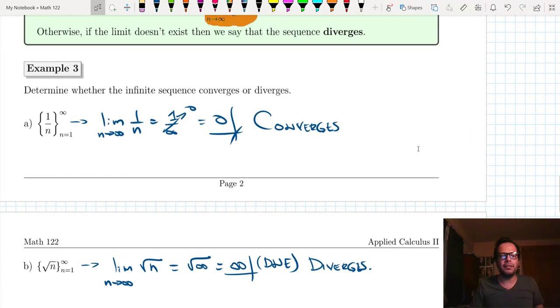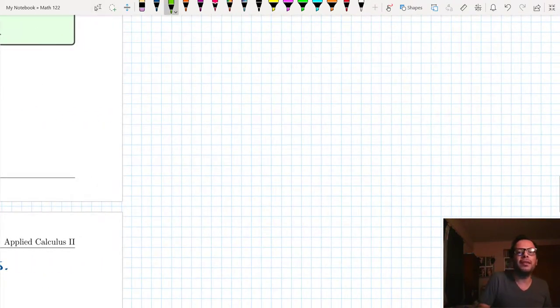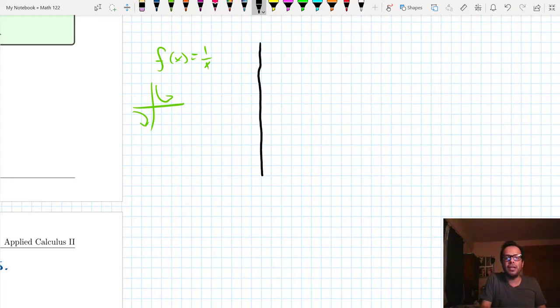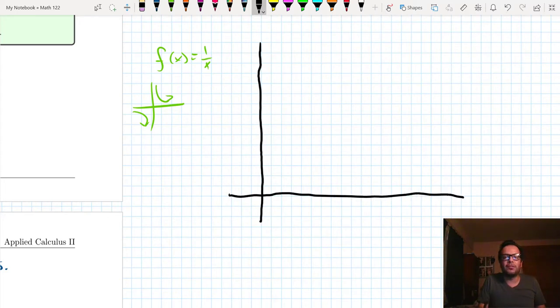Let's look at the first example, 1 over n. Let's relate this to the corresponding function f of x equals 1 over x, whose graph looks like this. But in this case, we are going to refer to the sequence, not really the function f of x, because for the function f of x, the domain is any number we can plug in except 0.